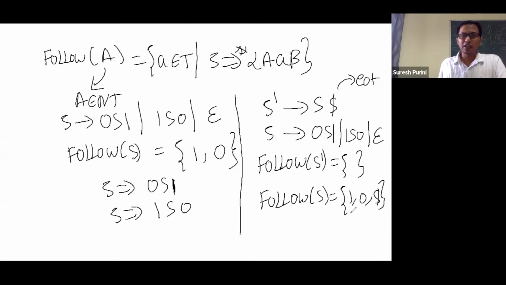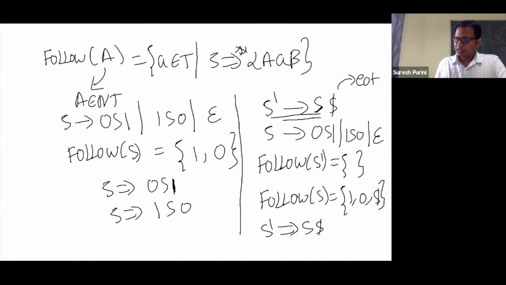The $ is there in the follow set now because there is a one-step derivation from S prime, the new start symbol, to S$, the intermediate form. So this is what is called an augmented grammar, where we add a new substitution rule like this to the base grammar.